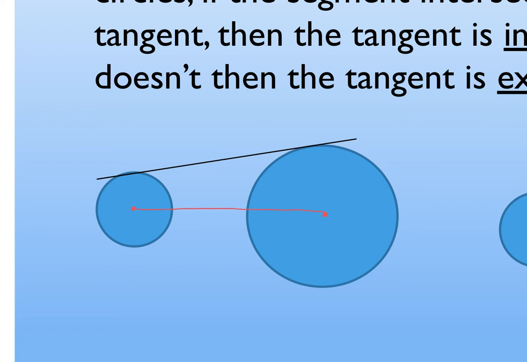If it doesn't cross that line, we call it an external tangent, because they do not cross.